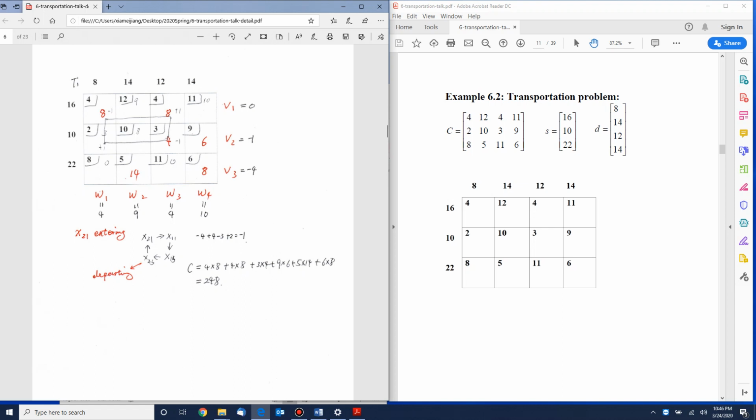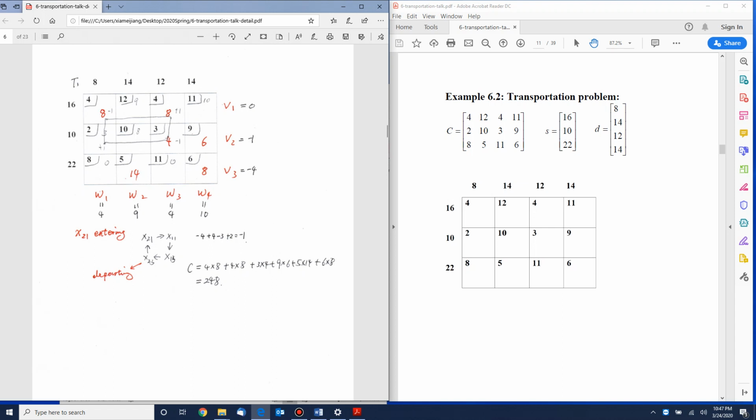In column 3, market 3 only needs 12 units, but in cell 13 we already have 8 there. So market 3 only needs another 4. Then we put 4 into cell 23, and then in the second row we have 6 remaining.